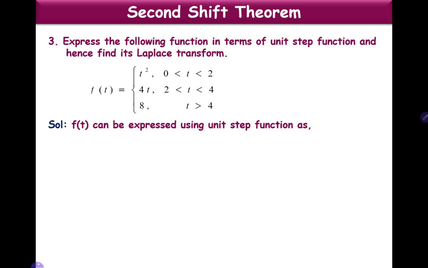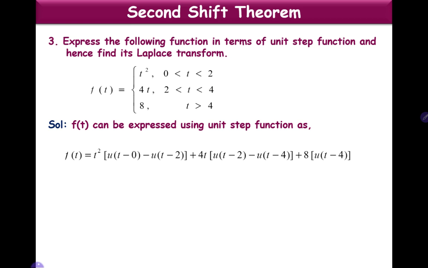Now let us express f of t in terms of unit step function. f of t is equal to f1 of t, that is t square, into u of t minus 0 minus u of t minus 2, plus f2 of t, that is 4t, into u of t minus 2 minus u of t minus 4, plus f3 of t, where f3 of t is 8 into u of t minus 4.